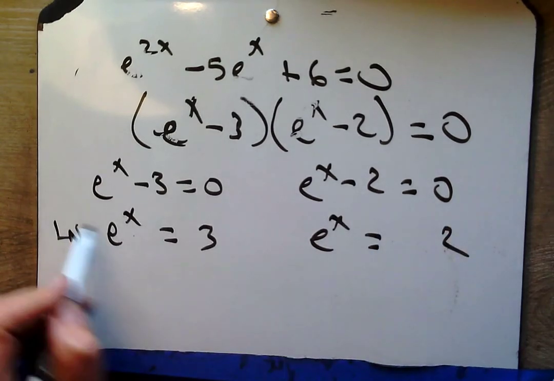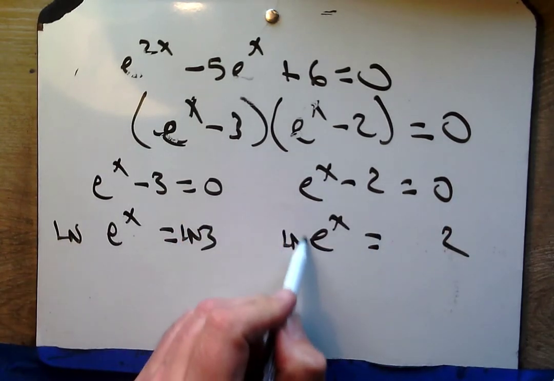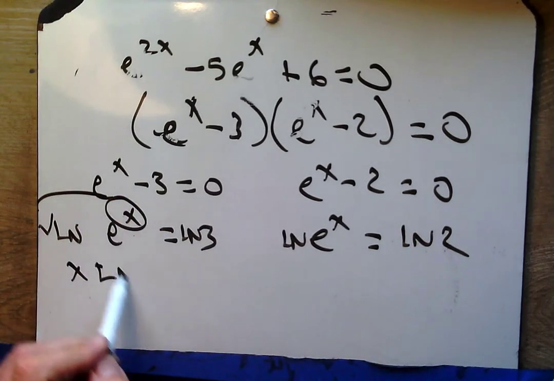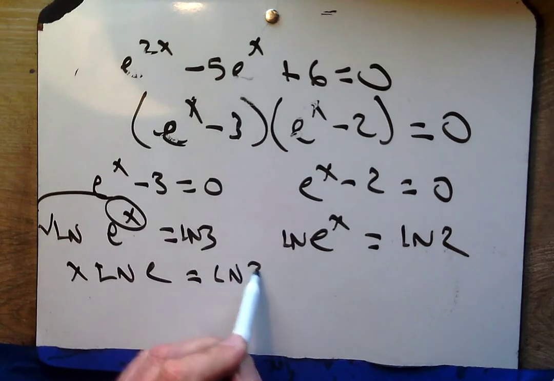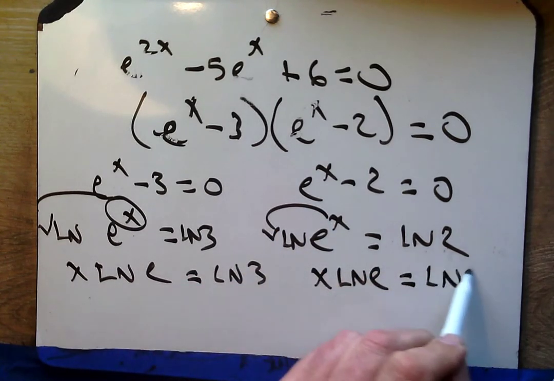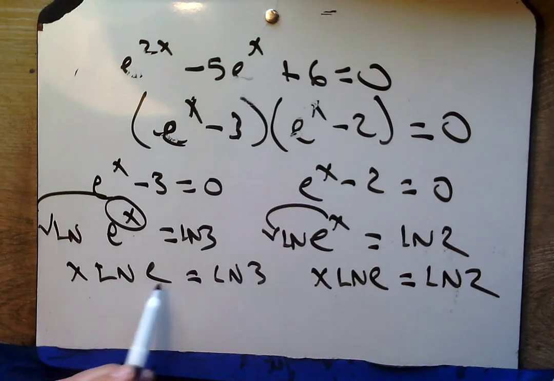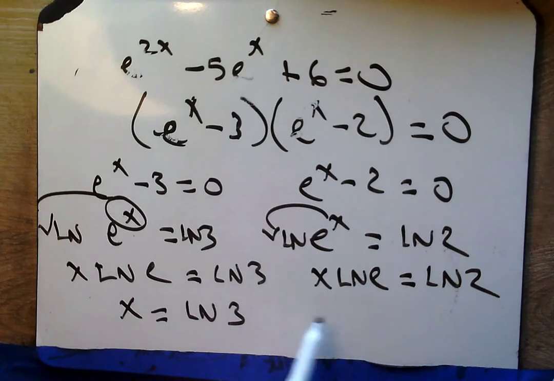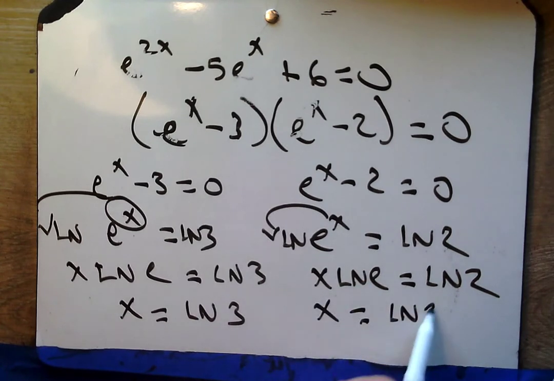And don't forget to take the ln of both sides so that you can bring down the power. x ln of e is ln of 3. x ln of e is ln of 2. Remember, the ln of e is 1, so x equals ln of 3. ln of e is 1, x equals ln of 2.